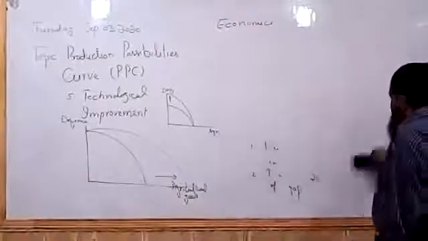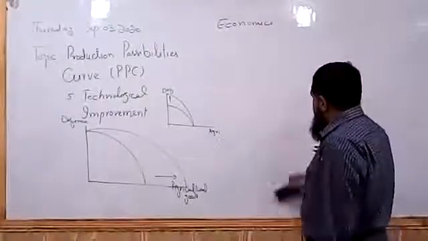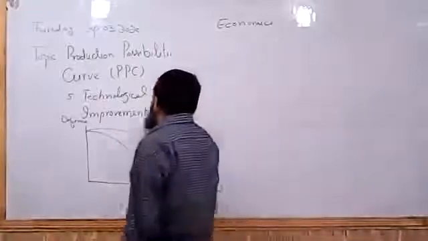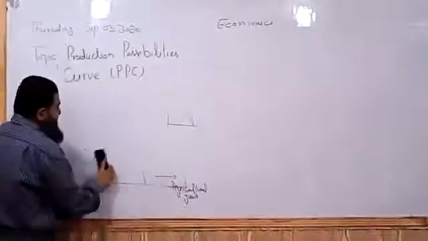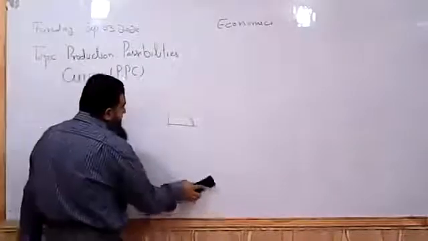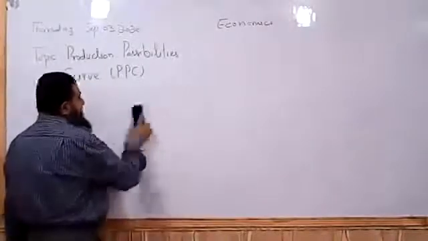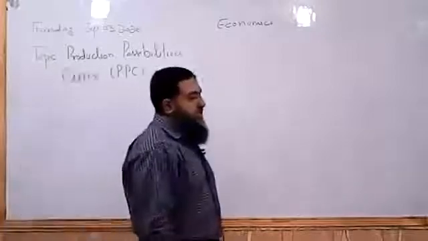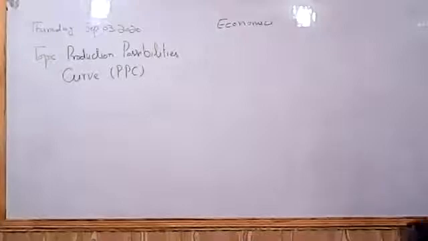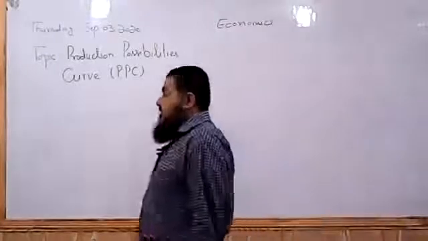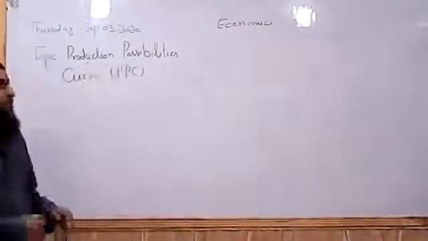Now what happens when our PPC is shifting inward? There can be cases where countries' PPCs shift inward, like their resources are overutilized in the present time. We have consumed many of the goods in the present time, but fewer resources will be available in future.